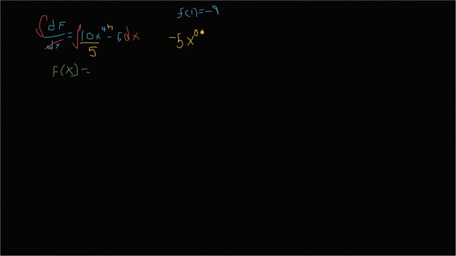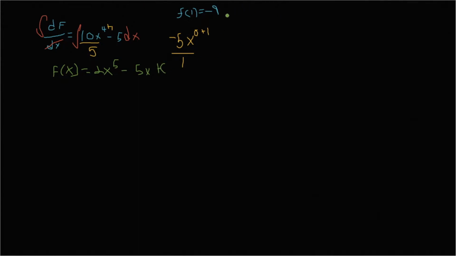So we add 1 to the exponent, and then divide by 1. So this is just 2x to the 5th minus 5x plus c.